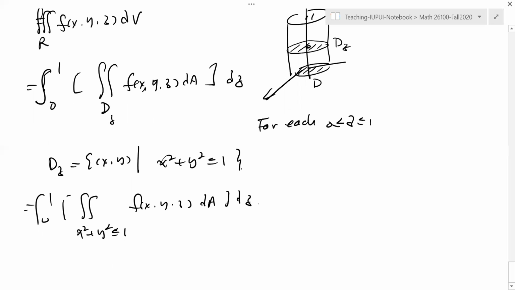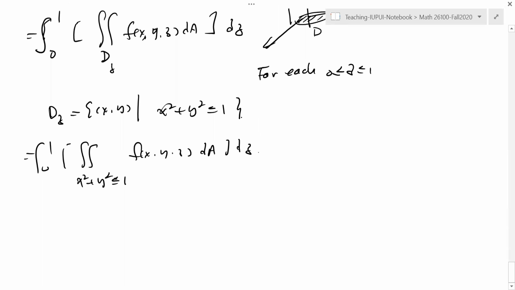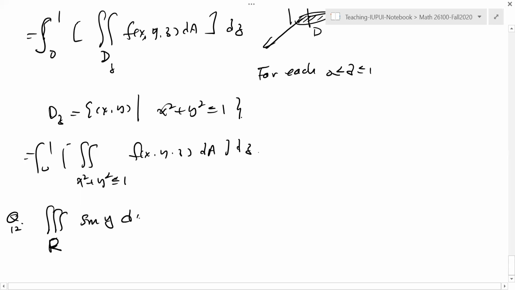And now let's look at a different type of region in space. This time I'm going to evaluate an integral. Here's the triple integral. I think that's problem number 12, and that's the integral over the domain E of sine y dV.